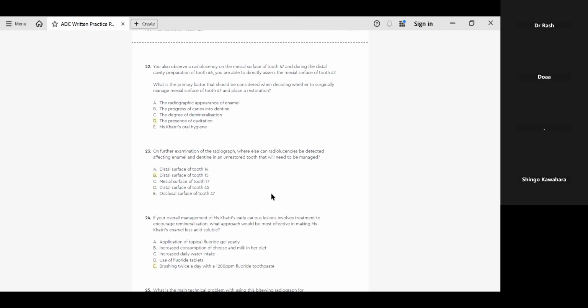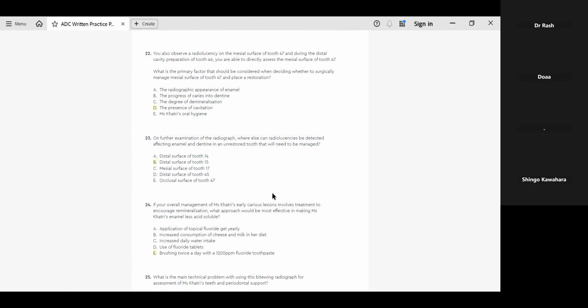For question 24, can we choose C? C is increased daily water intake. Okay. Now again, the thing is to read the question statement and what it is asking, right?